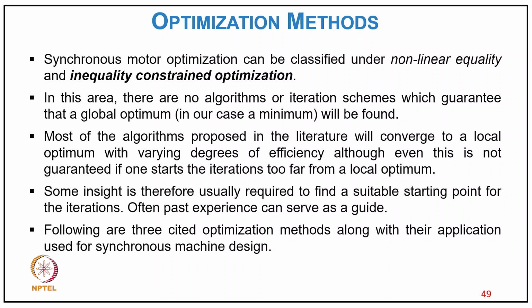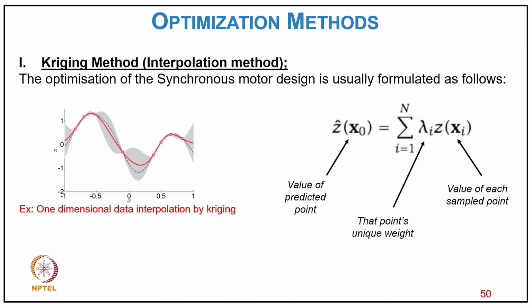Most of the algorithms proposed in the literature converge to a local optimum with varying degrees of efficiency, although even this is not guaranteed if one starts the iteration too far from the local optimum. Some insight is therefore usually required to find a suitable starting point for the iteration. Often past experience can serve as a good guide, and following are the three optimization methods along with their application used for synchronous machine design.